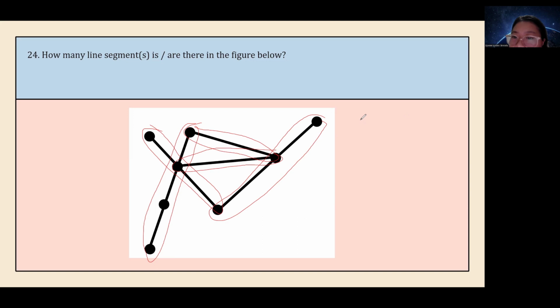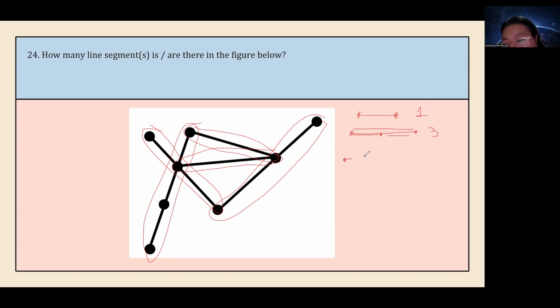Okay, so if we have 2 points in a line segment, we can just make 1 line segment. But if we have 3 points in a line segment, we can make how many line segments? 1, 2, and the whole segment here. So 3. So for 3 points, we can have 3 line segments.